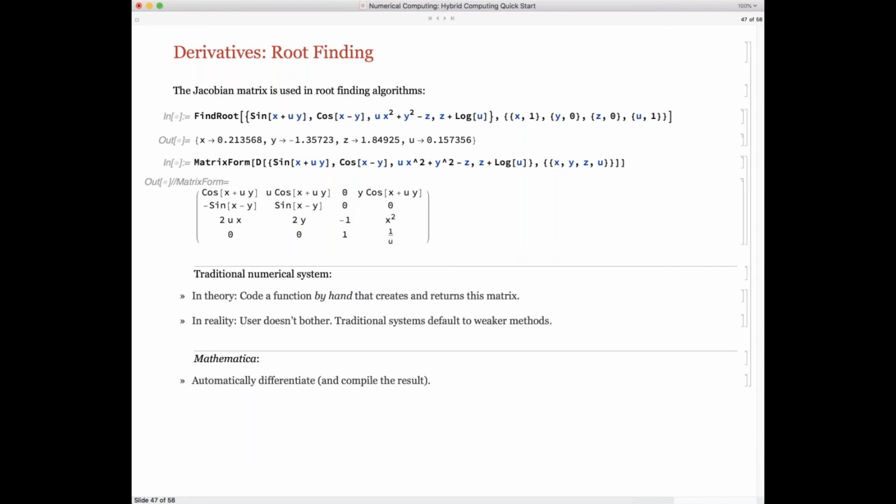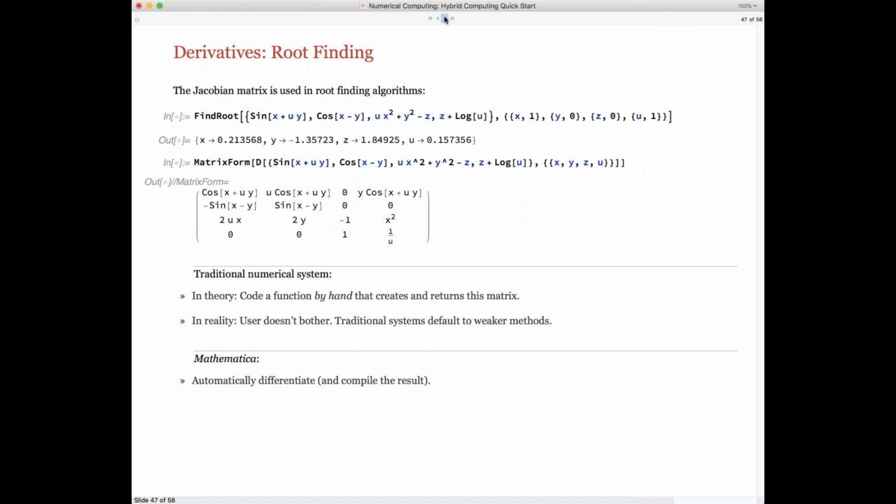Or they may obtain the derivatives by finite difference sampling, which enables the use of derivative-based methods. But again, it's slower and less accurate than having direct access to the exact symbolic form of the derivative. In Mathematica, the derivatives are computed automatically behind the scenes, and they are compiled, of course, as an added bonus.